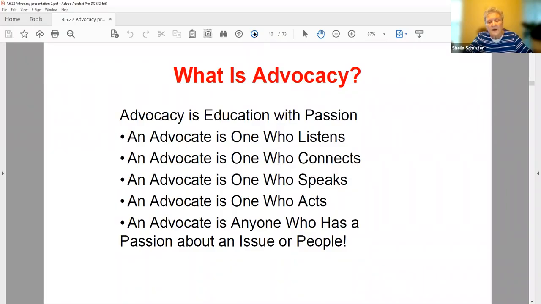So an advocate is one who listens. And I think it's really important, if you're going to be an advocate, that you really understand where people are coming from. People with lived experience, people who are experts in the field, people who are in maybe ancillary positions but are affected, people in different walks of life. And you bring those voices with your advocacy.